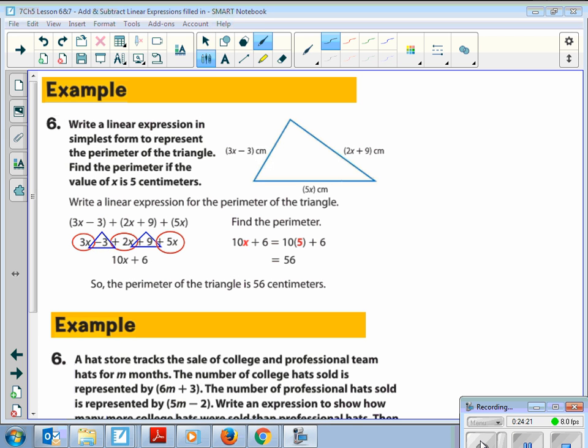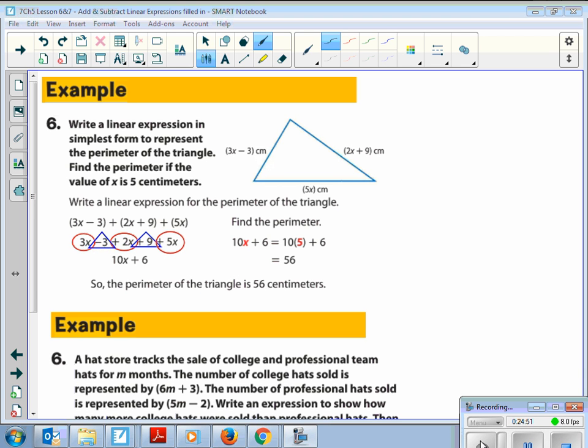All right, so this last example, one subtraction and one addition. Example 6 for addition is just like finding the perimeter on your homework from last night. The only difference here is that we are adding linear expressions rather than just algebraic expressions. Here it says, write a linear expression in simplest form to represent the perimeter of the triangle.